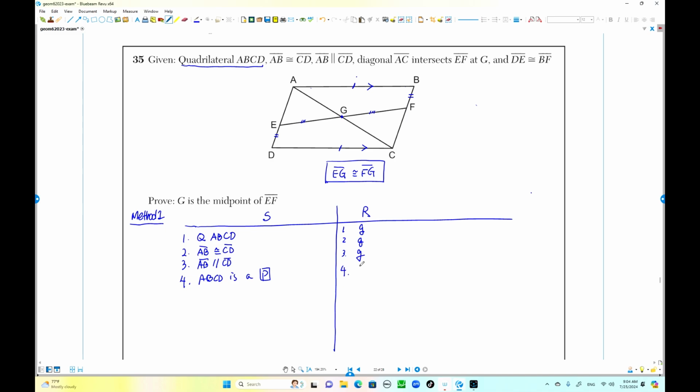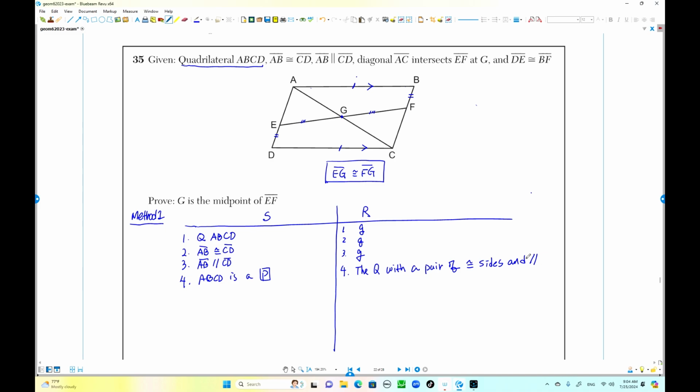The reason: a quadrilateral with a pair of congruent sides that are parallel.